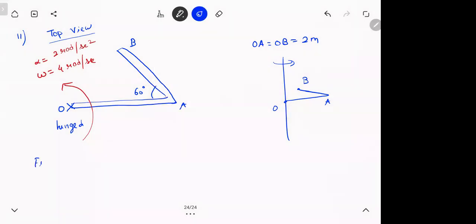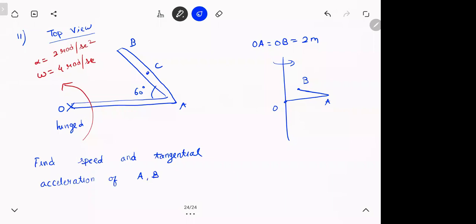So the question is, find the speed and tangential acceleration of A and B. Let's call this point C also.